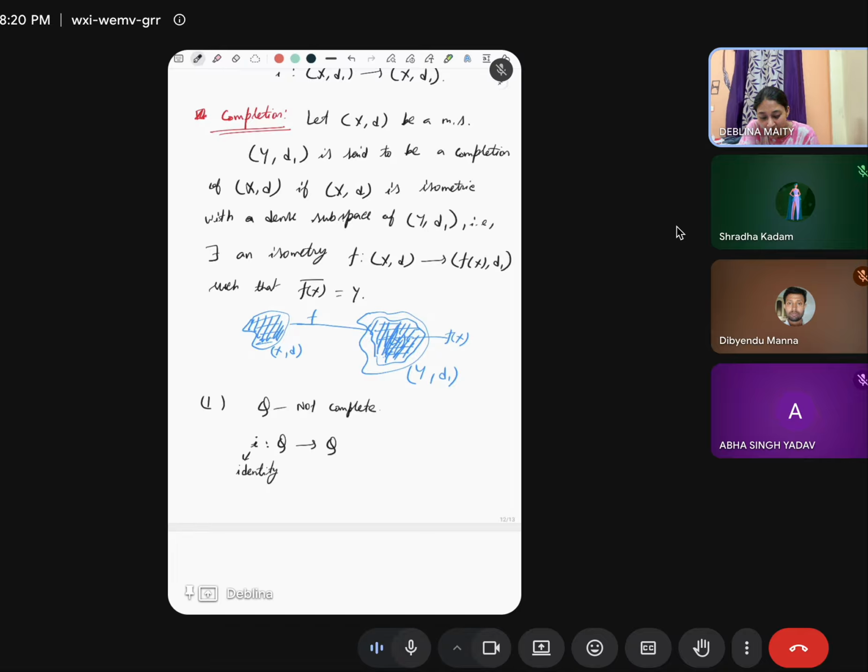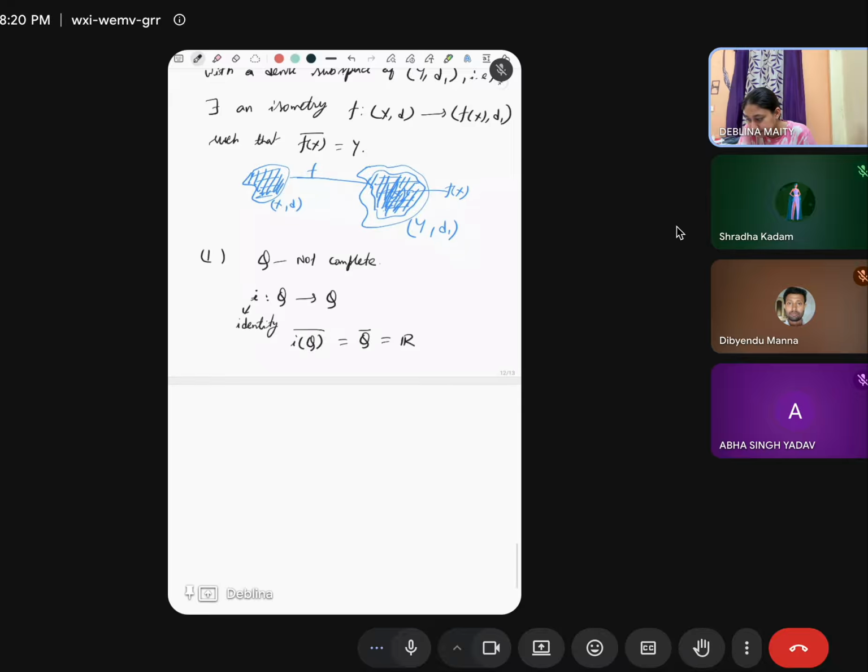So the image of I, that is I(Q) bar, we have f(X) bar, that is I(Q) bar, which is Q bar, is R. So R is a completion of Q. And similarly, R will also be a completion of R minus Q, all the irrational numbers.